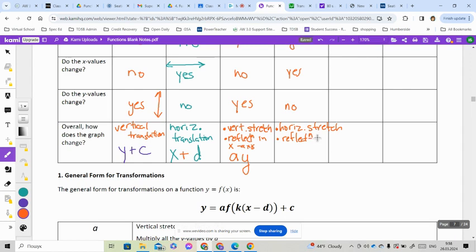We say stretch as a stretch factor, but it can also be compressed. You could say horizontal stretch or horizontal compression. The wording gets weird with this. And a reflection in the y-axis.